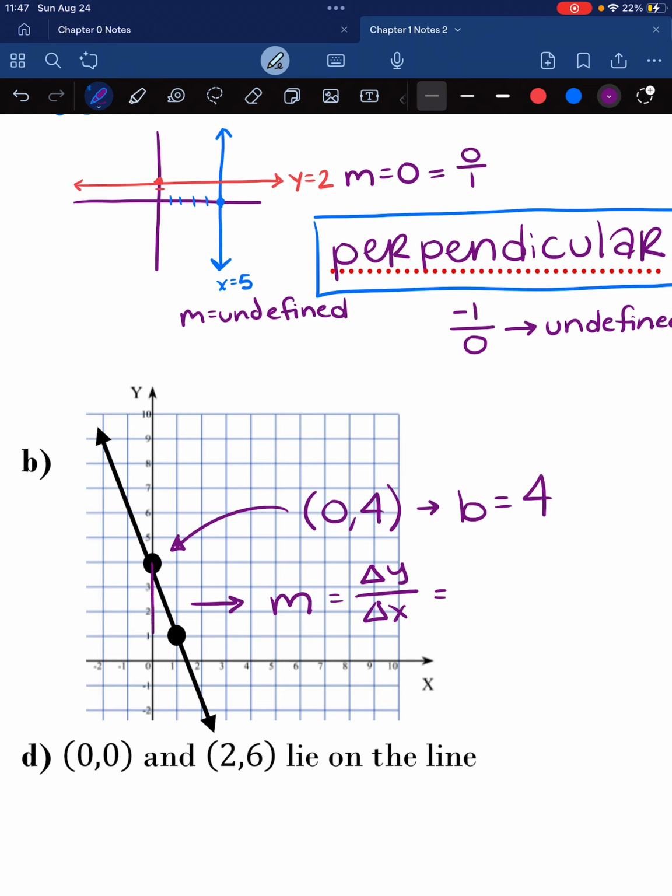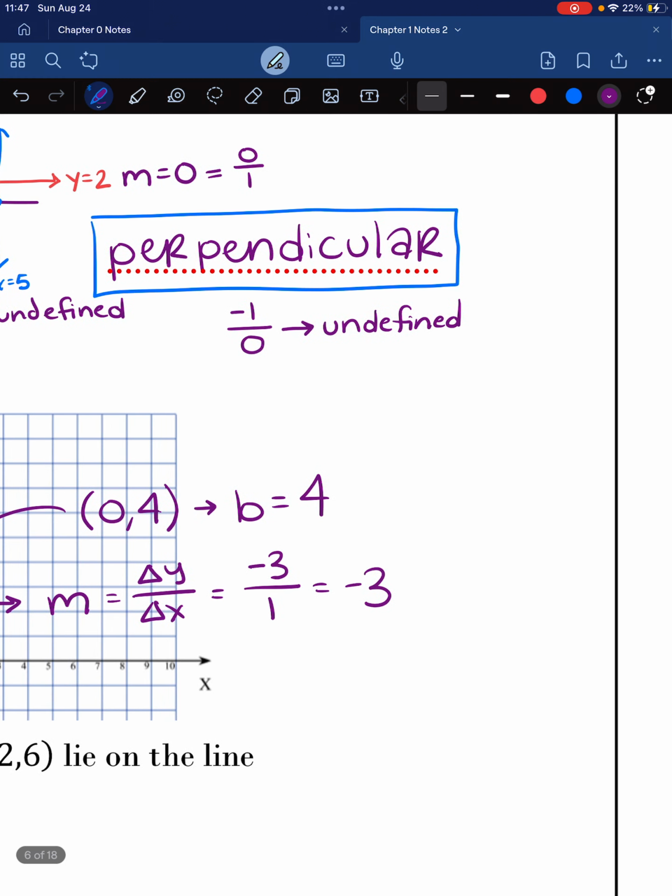So I go down 3, and then I go to the right 1, so +1. So -3 is my slope. So we can go ahead and plug those in. Y equals mx plus b.